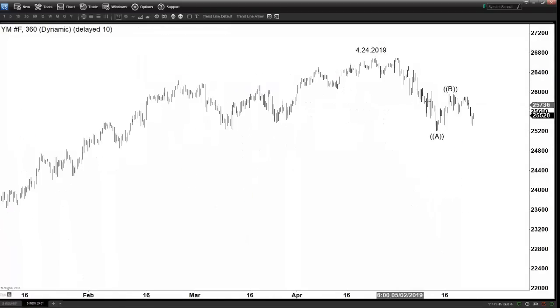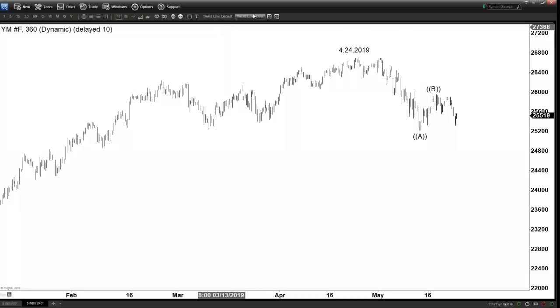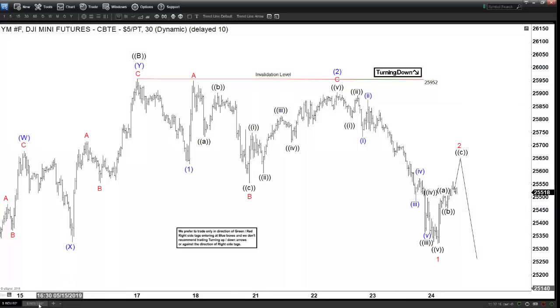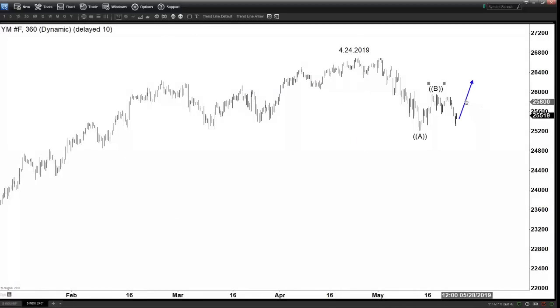Then if you zoom out, this is your A. So that means the first leg here from April 24 is an A, and this is labeled as a B. Now technically, you do need to break below the A to confirm that this is really your B, because until we break below the A, we can do what we call a double correction like this before turning lower. And that's the reason why the stem is currently black, because we still do not have the lower low sequence yet.